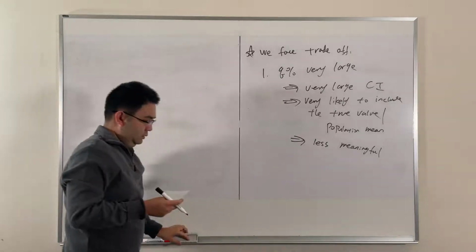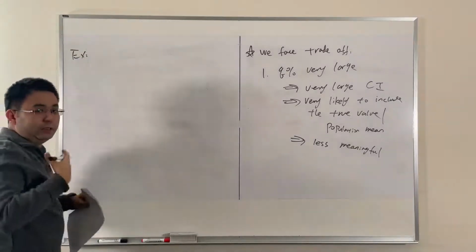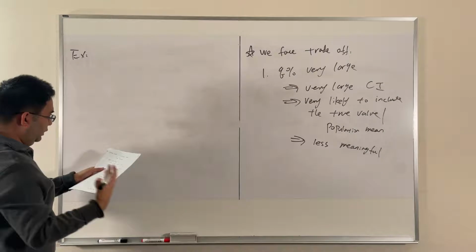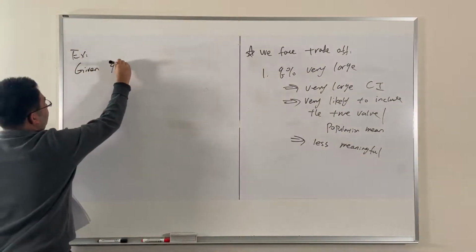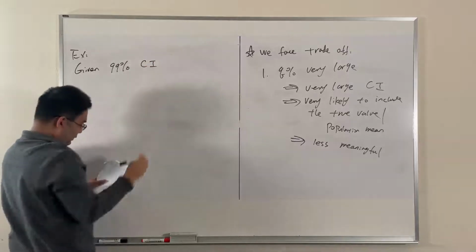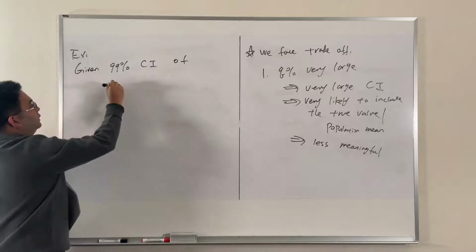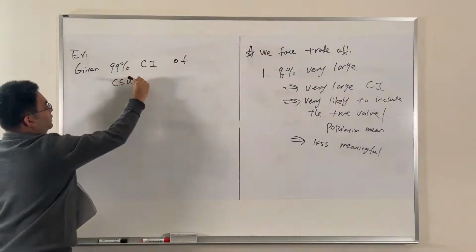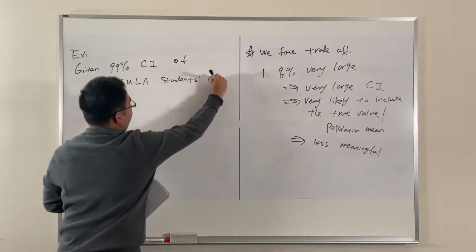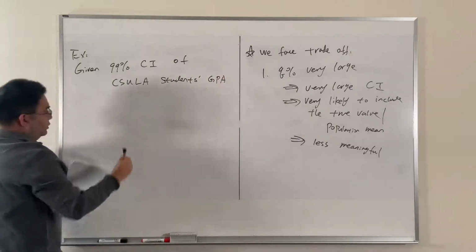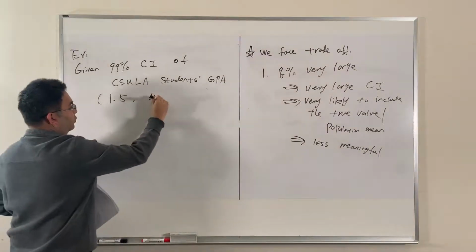Okay, so let me do an example. Let's say we're given a 99% confidence interval of Cal State University Los Angeles students' GPA. Okay, so we're given this range here. The average GPA is between 1.5 and 4.0, right?